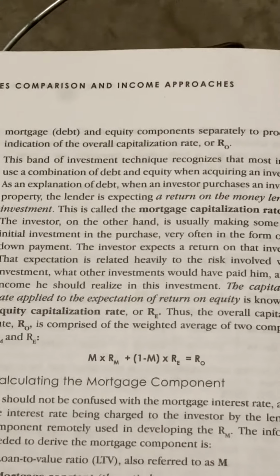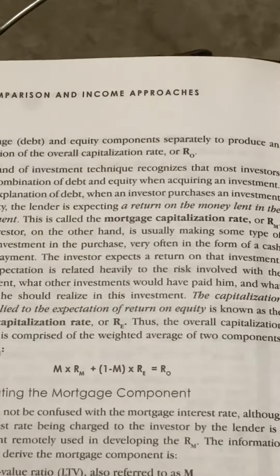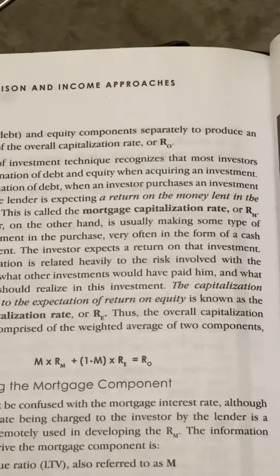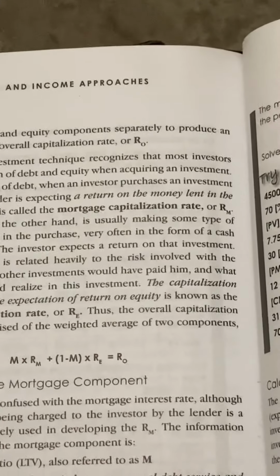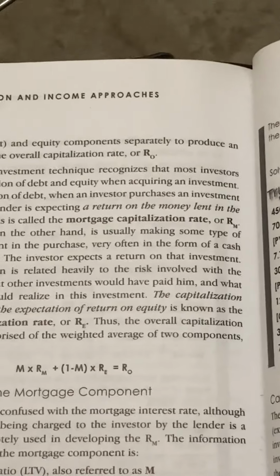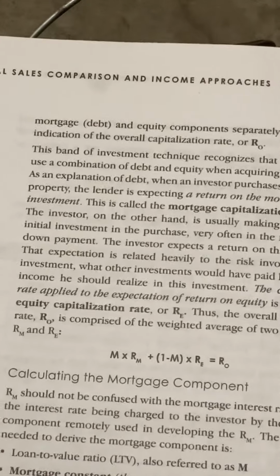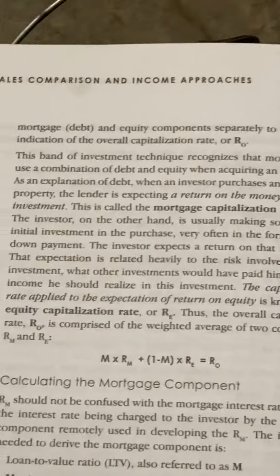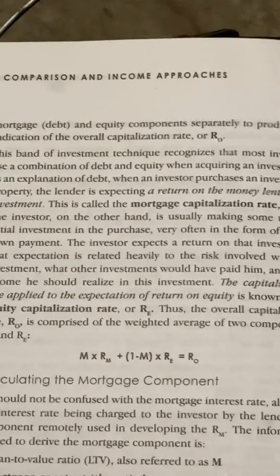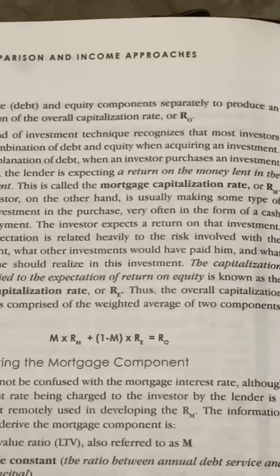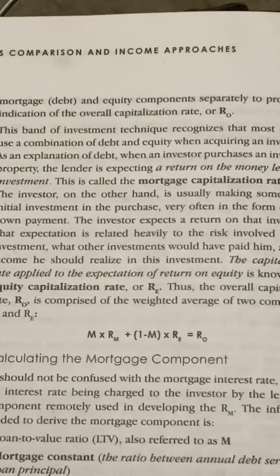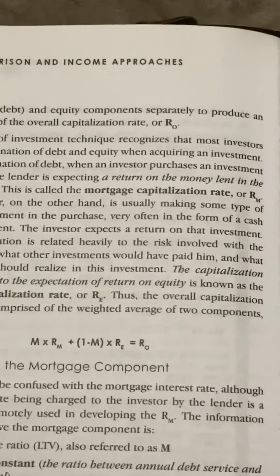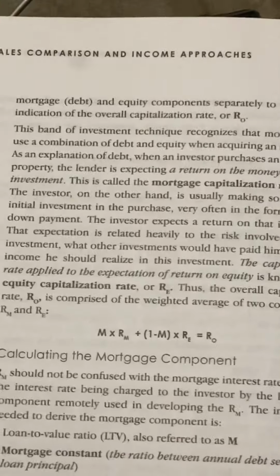This is called the mortgage capitalization rate, or the symbol is a capital R with a little m going through the line. The investor, on the other hand, is usually making some type of initial investment in the purchase, very often in the form of a cash down payment. The investor expects a return on that investment.